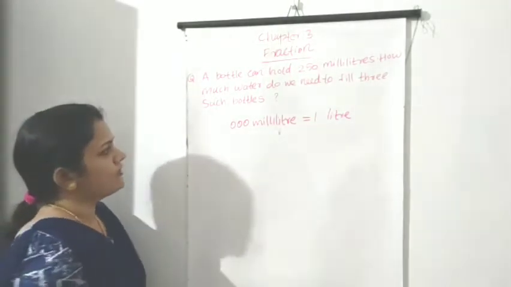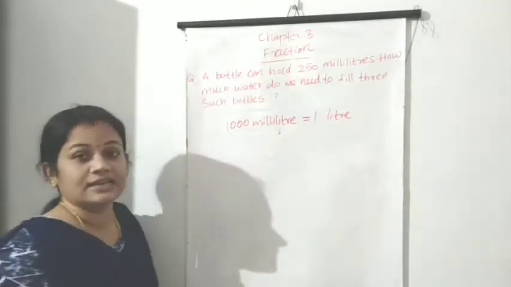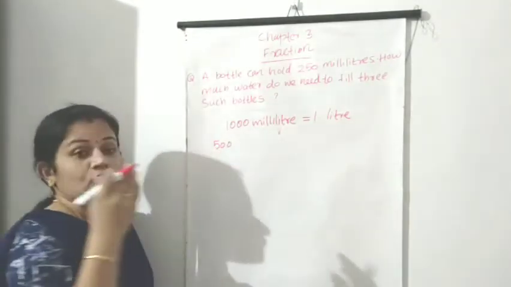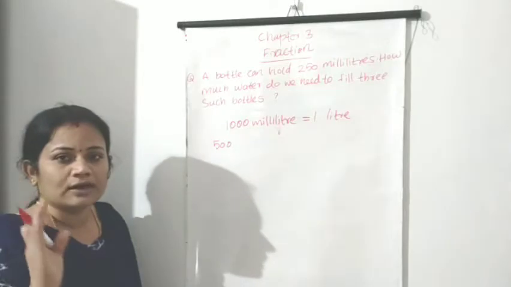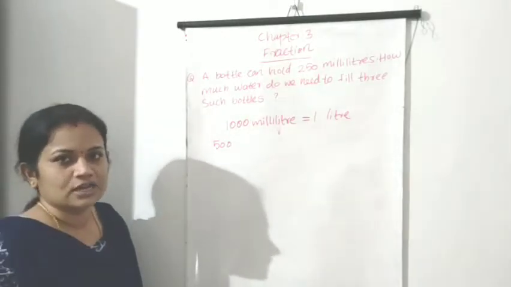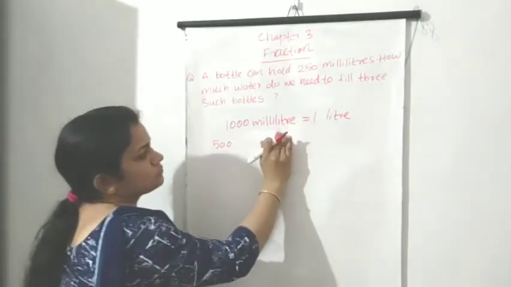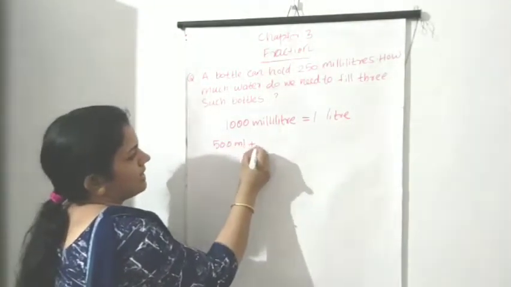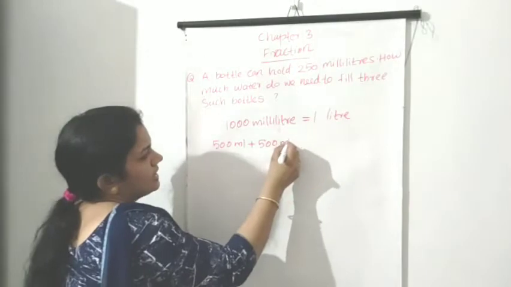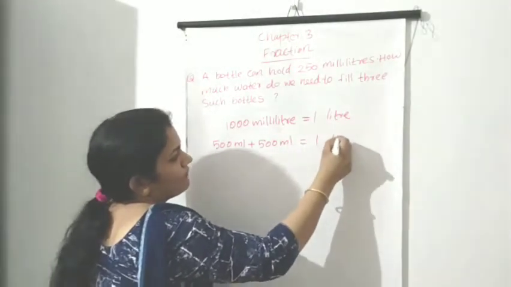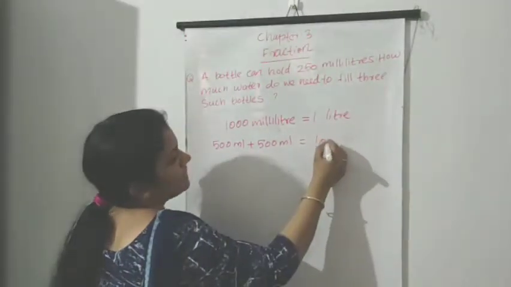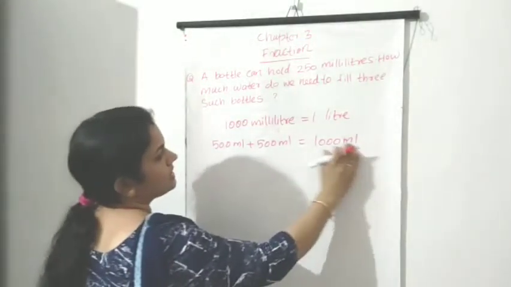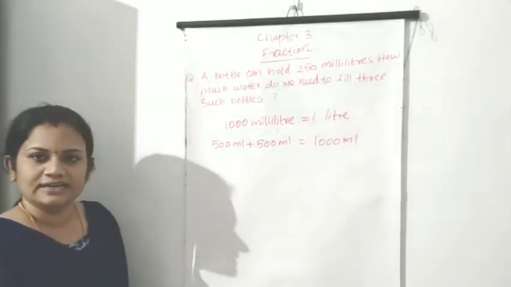Understood? So, we can write 1000 as 500 milliliter plus 500 milliliter. We already know that 2 500s make 1000. So 500 milliliter plus 500 milliliter equal to 1000 milliliter. This 1000 milliliter equal to 1 liter.